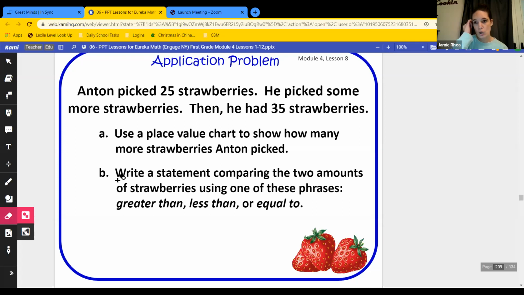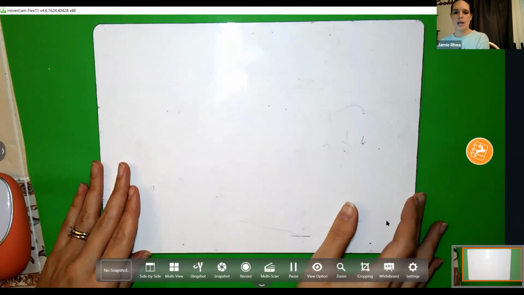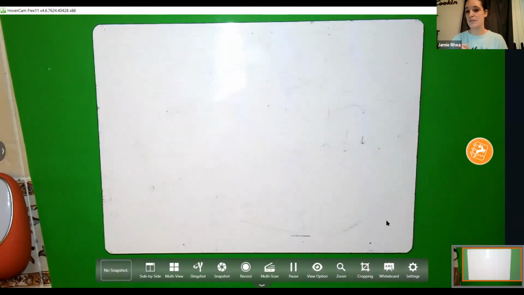Let's go back and look. First, what is it telling us we need to do? It's telling me I need to use a place value chart to show how many more strawberries Anton picked. Let me share a different screen, my board here, and let's make our place value chart.